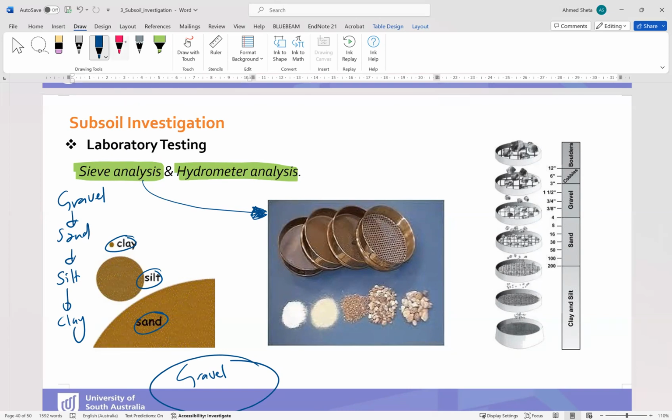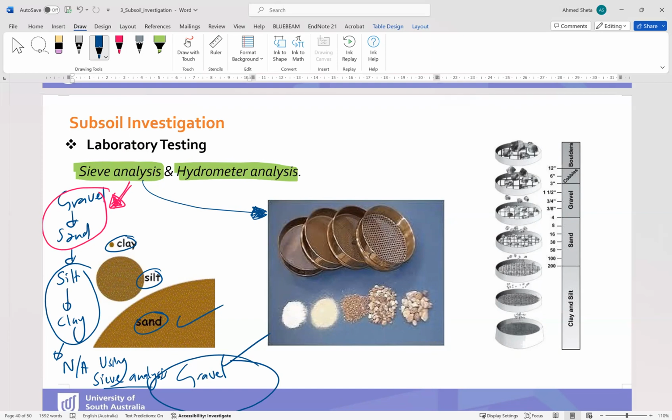The sieve analysis is only suitable for the first two because they are big enough to be tested with sieves. However, silt and clay are not applicable using sieve analysis. So we use the sieve analysis test for sand and gravel.